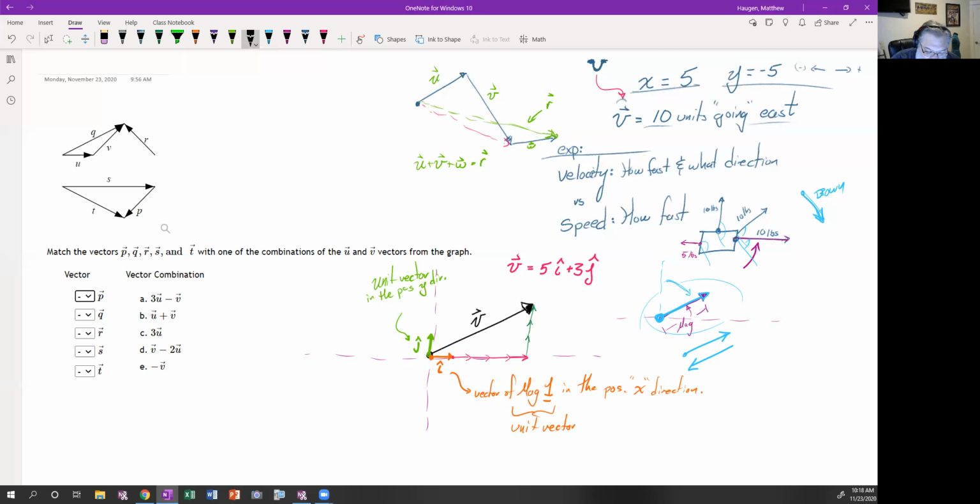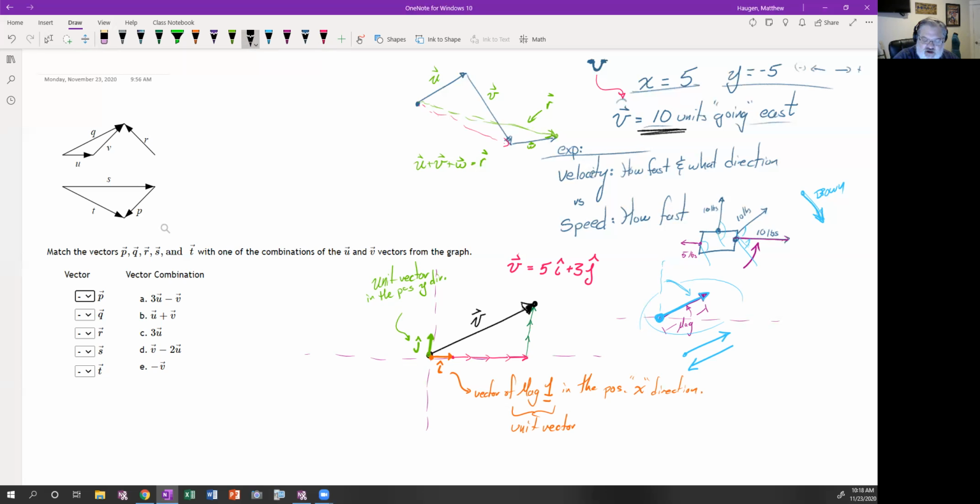And let's say we had another vector, w. Notice I drew that vector w head to tail to the vector v because we're going to add them together. But one of the big things about vectors is that they have a magnitude and a direction.